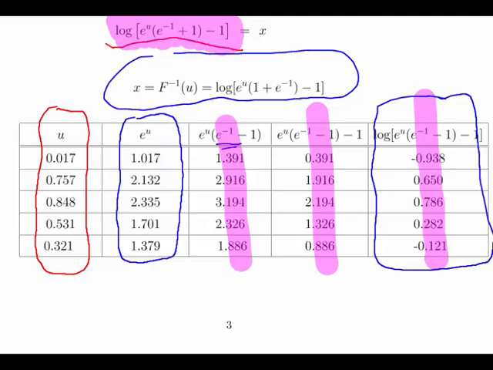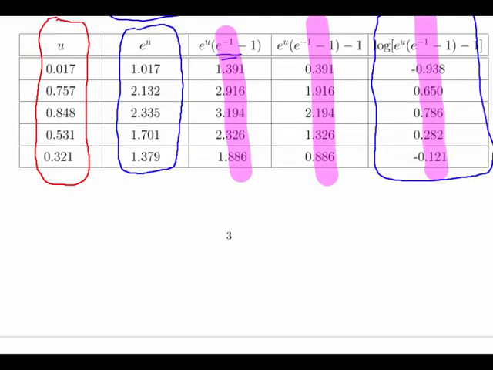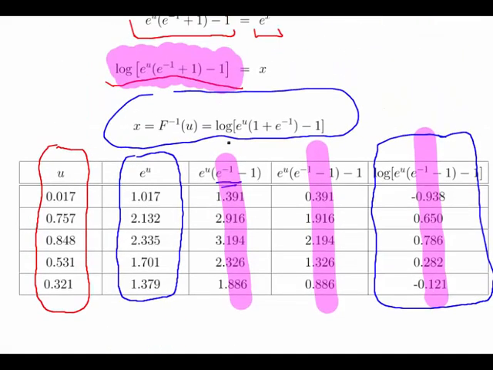Just as a remark, it doesn't really come into it for this particular question, but in other questions it might come up that you have a 1 minus u in your expression, say exponential of 1 minus u or something like that.